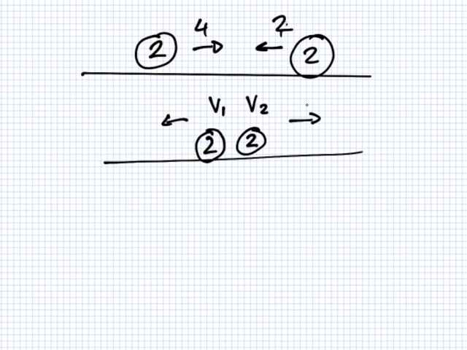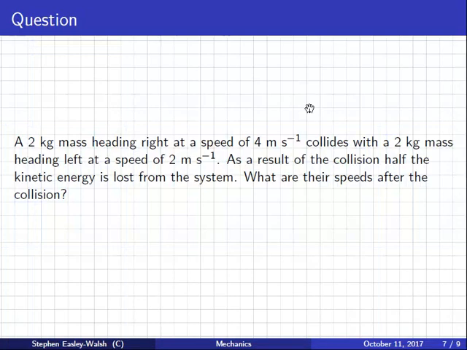If my V1 answer equals my V2 answer, then they must have stuck together, because they're moving at the same speed. But I don't really need to know that. In fact, maybe I'll tell you that they don't stick together.